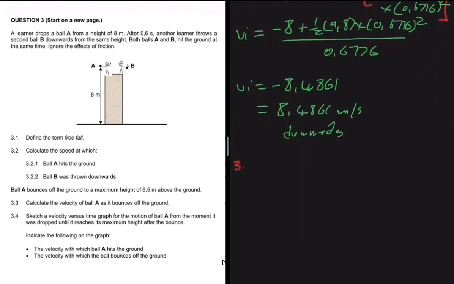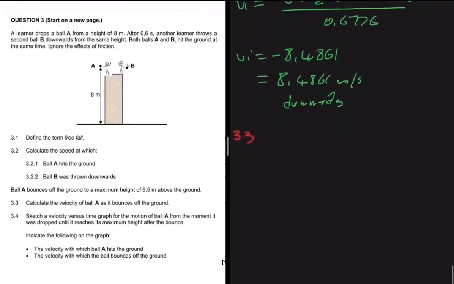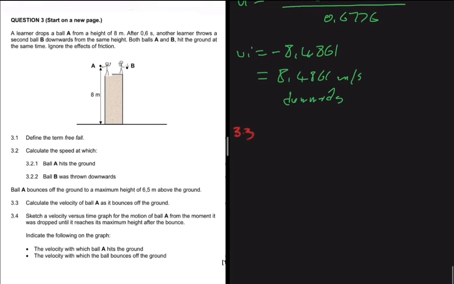Let's go ahead and calculate the answer for 3.3. So we have 3.3, which says that ball A bounces off the ground to a maximum height of 6.5 meters above the ground. So let's calculate the velocity of ball A as it bounces off the ground. Now we're considering the motion from the time it bounces off the ground until it reaches its maximum height, right?